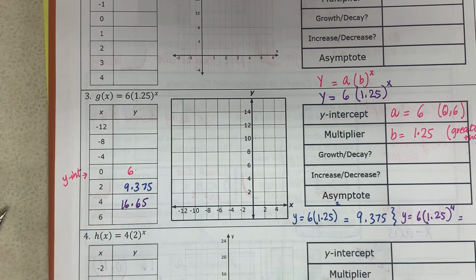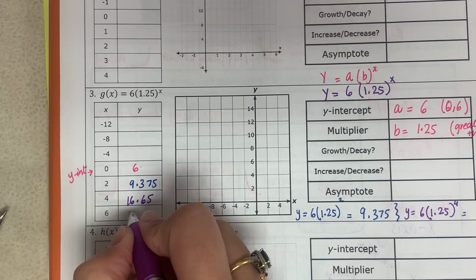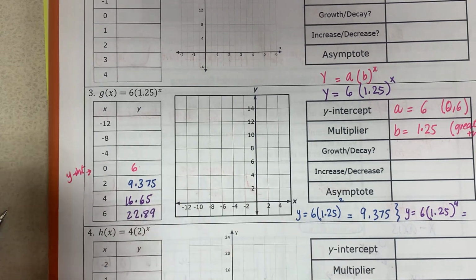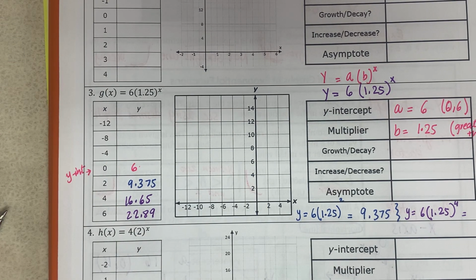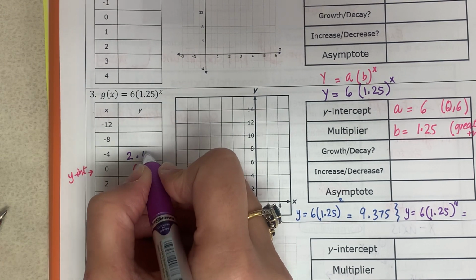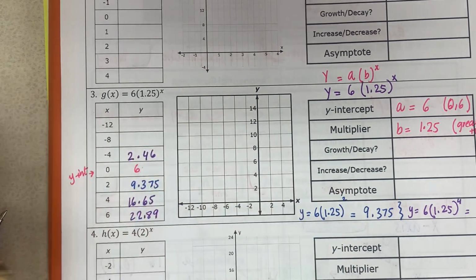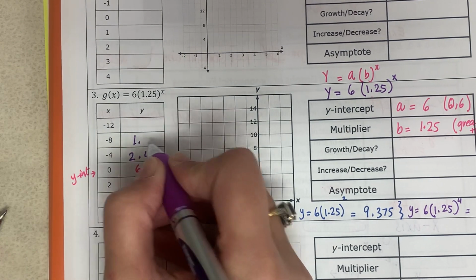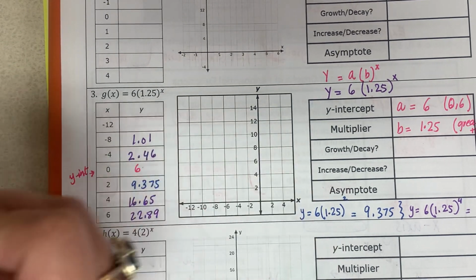And then I'm going to find it for 6. It's going to be 22.888. So I'm going to round off to 22.9. Same way, I'm going to find the other values. When it is -4, it is 2.46. And then when it's -8, it is 1.01.